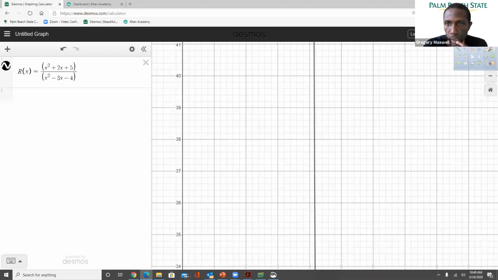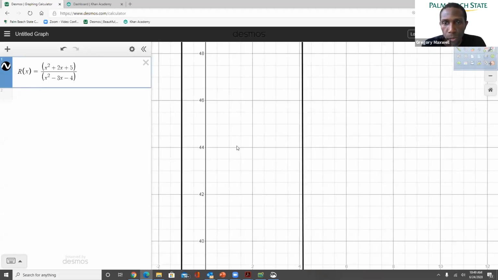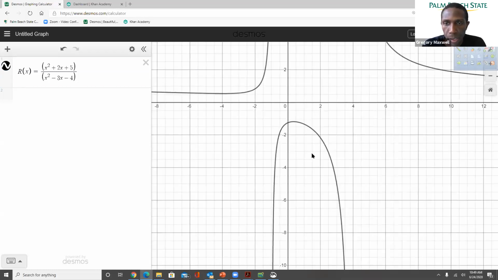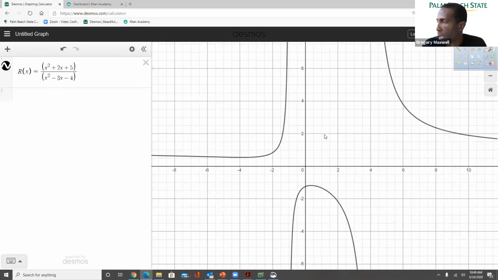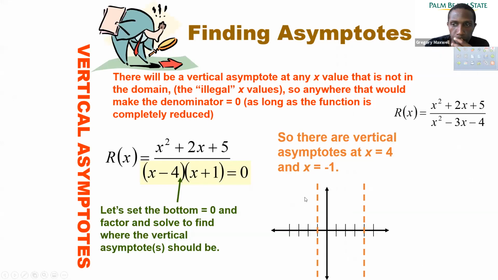All right, not easy to see, but you can see it as I go along. So that's what the graph looks like. It's kind of a hard scale to hit, but you get the idea. So going back to my PowerPoint.